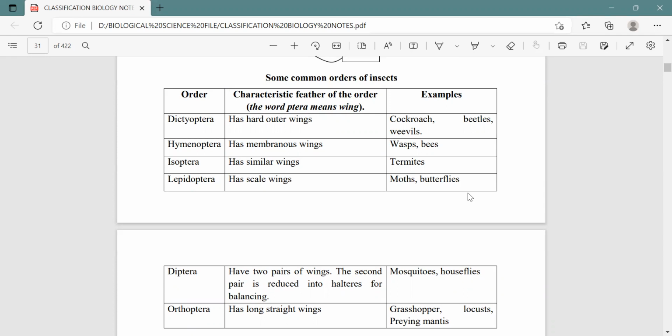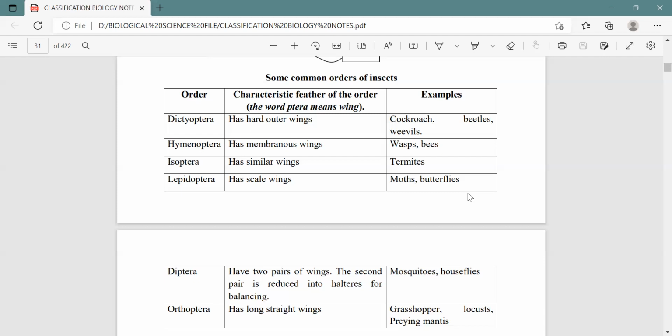For example, they give you order Dictyoptera, but they tell you to give 2 examples. That means we must know the name of the order and representatives of insects in that order. So under Dictyoptera, we have a cockroach, beetles, and weevils. Under order Hymenoptera, we have the bees and the wasps.